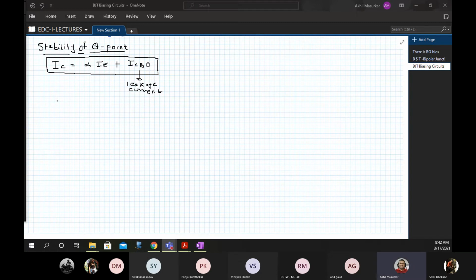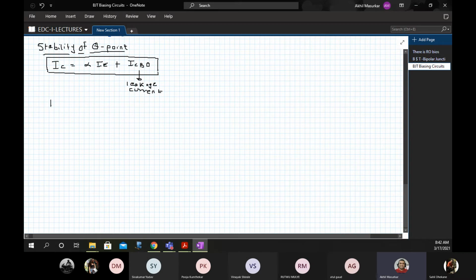Now we can write IC is equal to alpha times IE, and we know IE is nothing but IC plus IB, plus ICBO. I am just expanding certain terms so that we get something meaningful. So IC is alpha times IC plus alpha times IB plus ICBO.